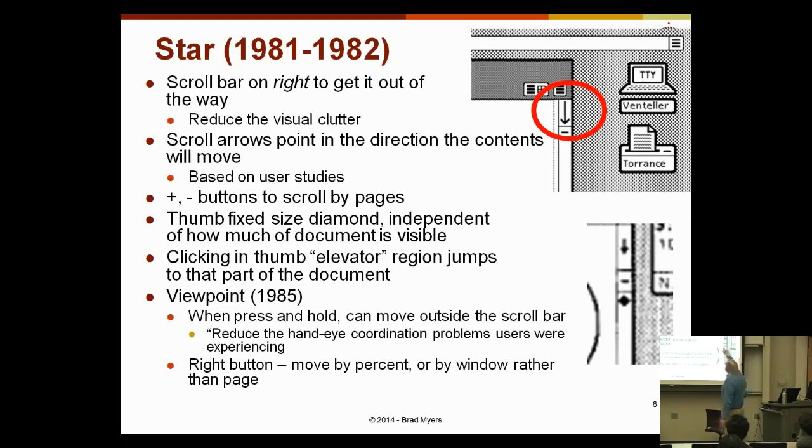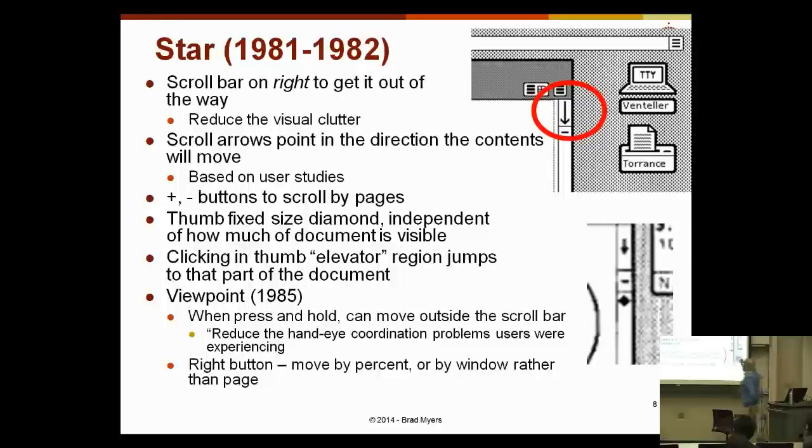They also, in the original Star, had plus and minus buttons to move by pages. So there was a minus at the top and a plus at the bottom, and those would go one page up or one page down. So you couldn't click in the trough like you can nowadays. Instead, you would click on those buttons.